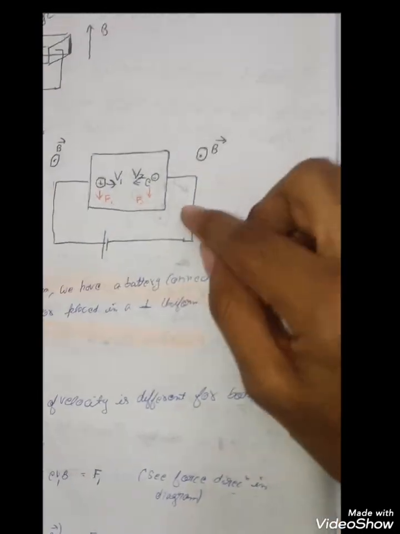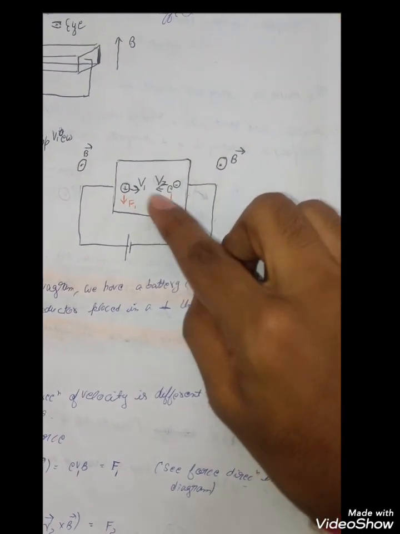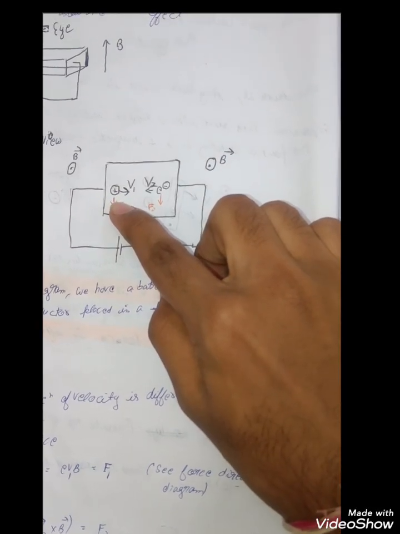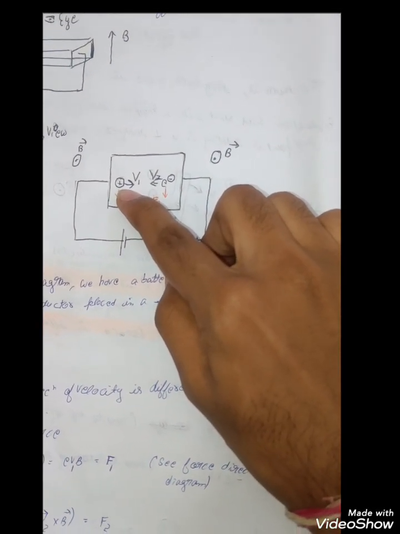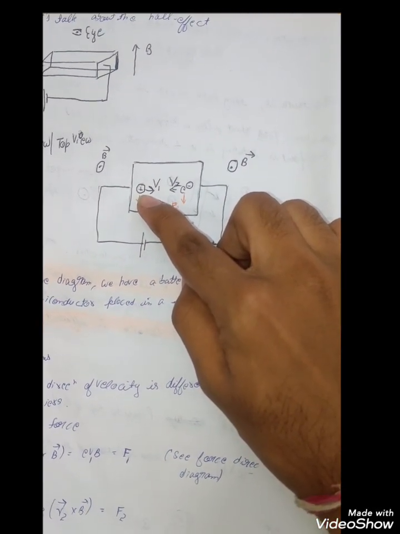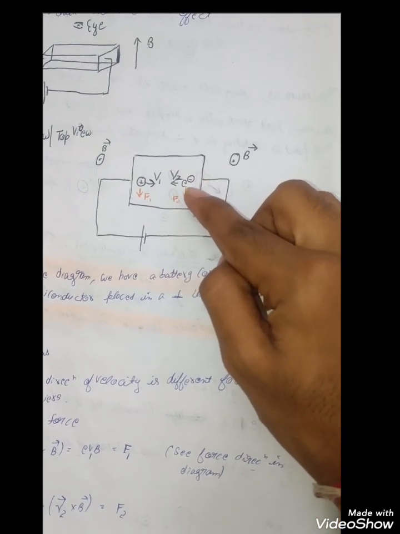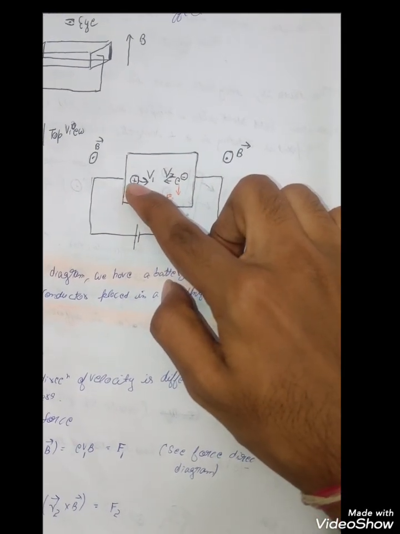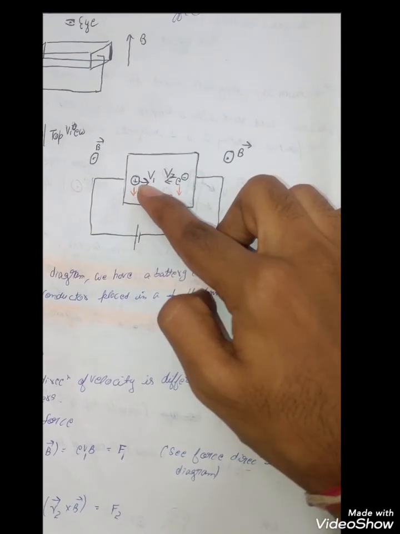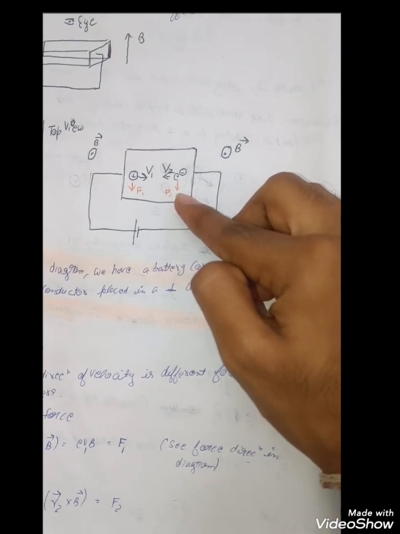Suppose there are 10 electrons and one hole; then we can neglect the effect caused by this one. There are 10 persons going down and this one person fighting against the 10. We can neglect this fight, obviously.